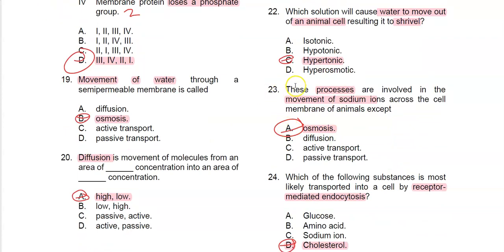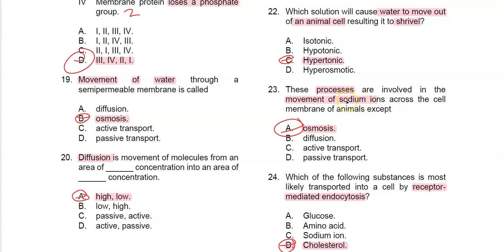Question 23. These processes are involved in the movement of sodium ions across the cell membrane of animals, except osmosis. The question asks about the movement of sodium ions, and as I mentioned earlier, osmosis is only for the movement of water molecules.